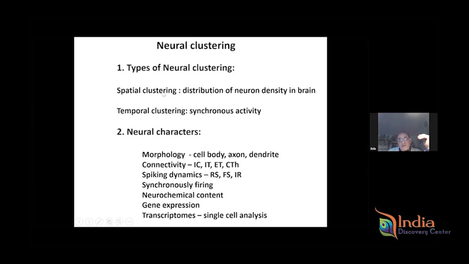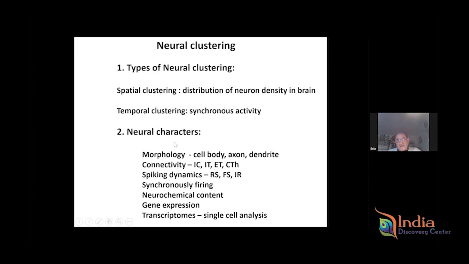Clustering has two types. That's spatial clustering, then distribution in neuron density, as I mentioned, that in the cortex there is no homogeneous distribution of the neurons. There are some accumulated areas. But in the subcortical area and the thalamus, there are very distinct neuronal cell accumulations.